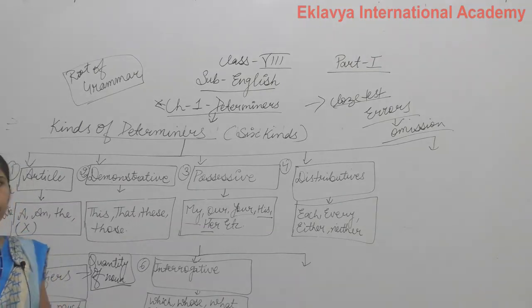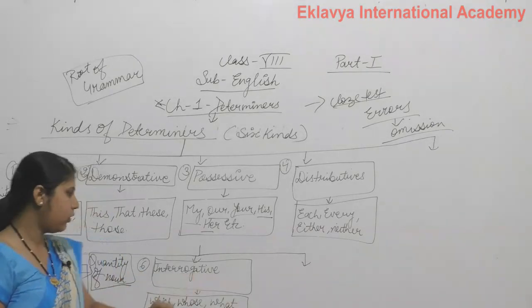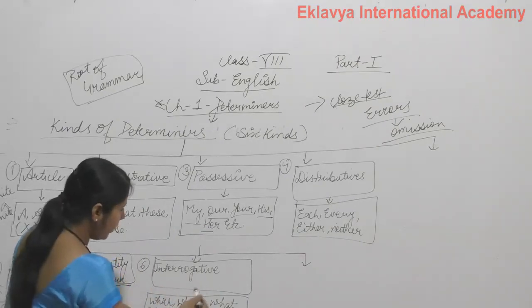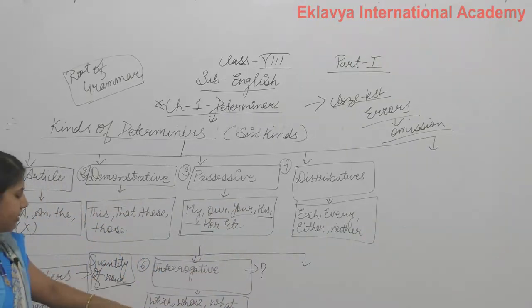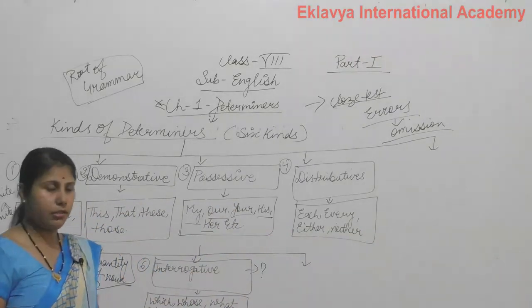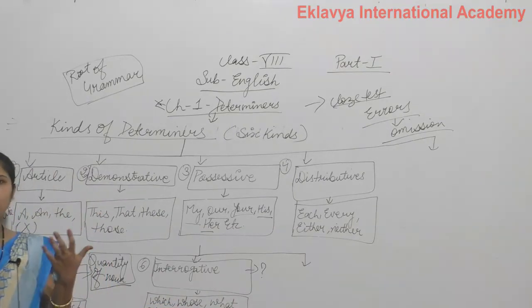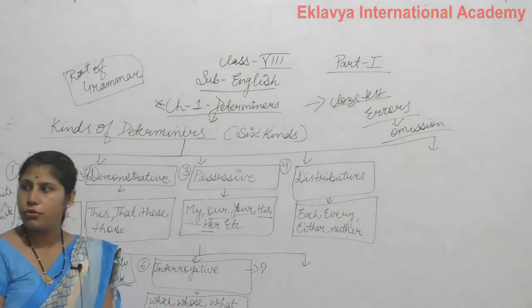When we ask any question from any student, that is called interrogative. In interrogative we use a question mark, and we start questions with which, whose, what, etc. जब भी हम किसी क्वेश्चन के बारे में बात करते हैं तो हम इंटरोगेटिव डिटर्मिनर्स को यूज करते हैं.